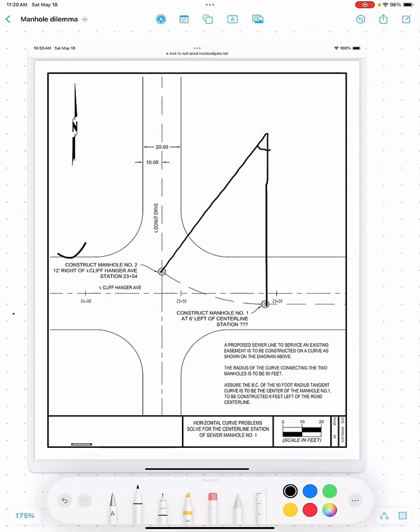Something like that. And what do we know? What are our knowns here? First thing we know is this is a 90-foot radius.